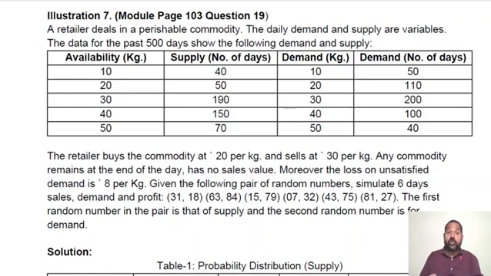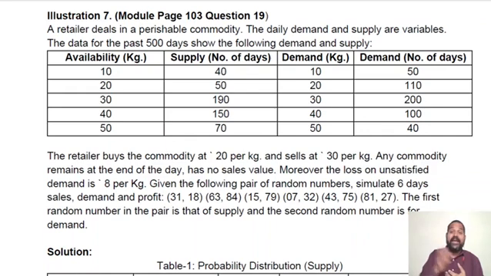Moreover, the loss on unsatisfied demand is rupees 8 per kg. See here, if you don't sell, you will have to incur a loss. If you maintain extra, you have to incur a loss.